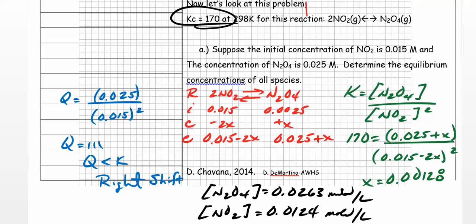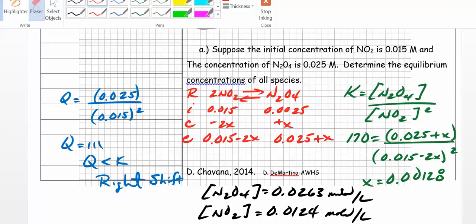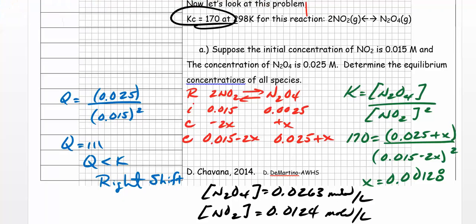The initial concentrations are given, 0.015, and let's see, 0.0025. Is that right? Folks, this is a typo right here. This should not be 0.00. This should simply be 0.025.